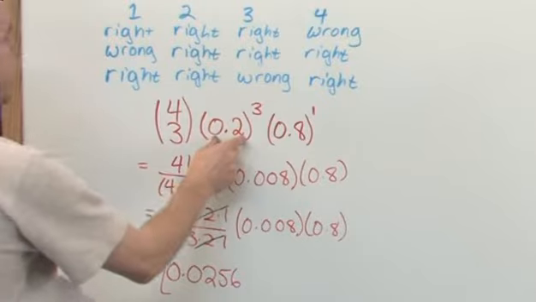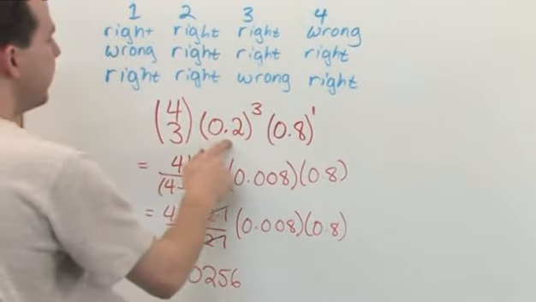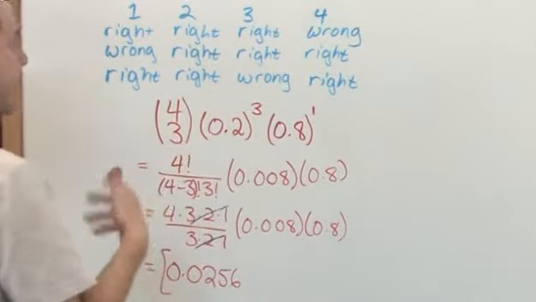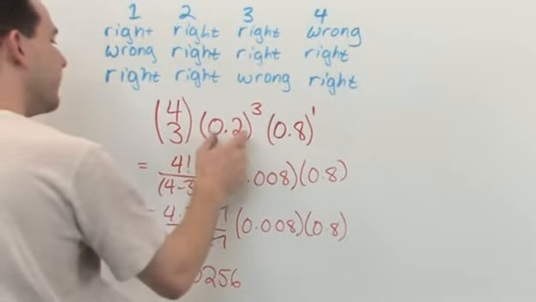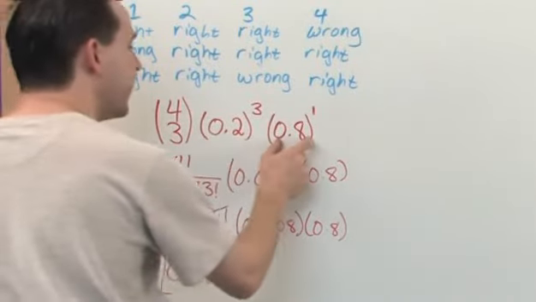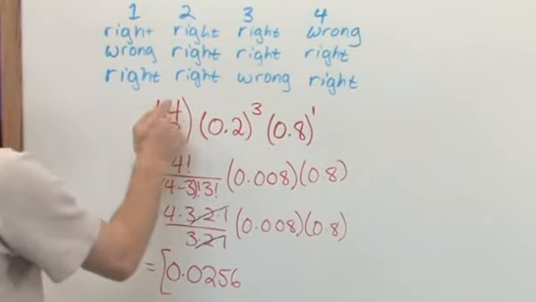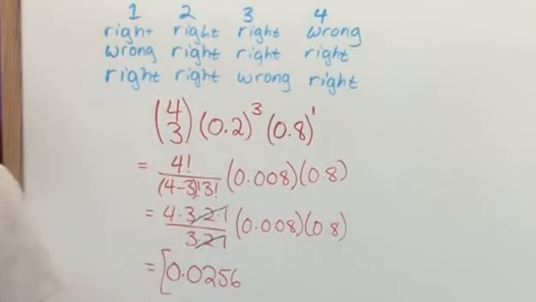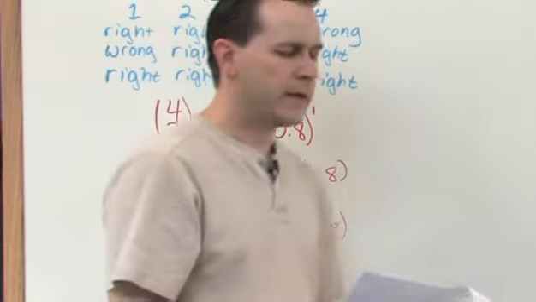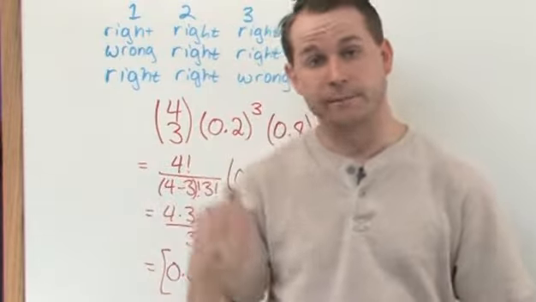So since each probability of right was 0.2, and I have 3 of them, because that's what the question said, 0.2 times 0.2 times 0.2 times my failure, to round it out, 0.8, and then times this thing in front, the combination of 4 taking 3 at a time, because I had 4 questions and take 3 right ones. That's the total number of ways you can arrange that stuff, and you do the math and you get it. So that basically is the binomial distribution.